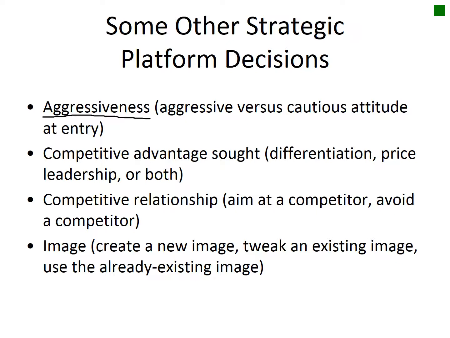If we price the product very low or very high, that could be viewed as an aggressive move. If we price it very low, then we're clearly looking for a very, very aggressive competitive relationship right here, where we're looking to directly compete and take market share very rapidly away from somebody else who's in there.